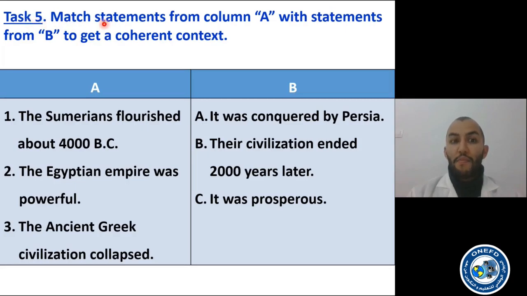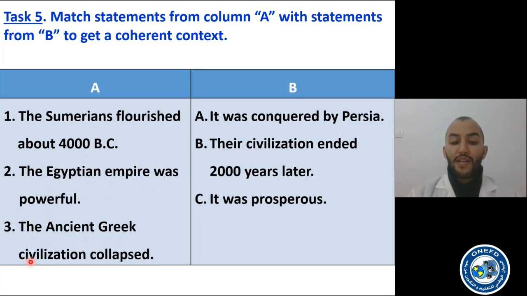Task number 5. Match statements from column A with statements from column B to get a coherent context. So here you have column A and column B, and we have 3 sentences and 3 sentences, and we need to match between these sentences in each column. So I'm going to read. The Sumerians flourished about 4000 BC. The Egyptian empire was powerful.